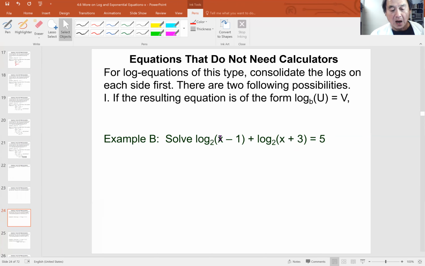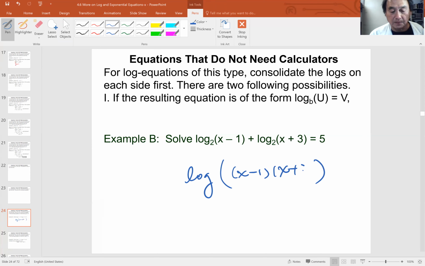So we start from here. Log plus another log turns into the product x minus 1 times x plus 3. The addition of logs came from the log of the product, and that is 5.